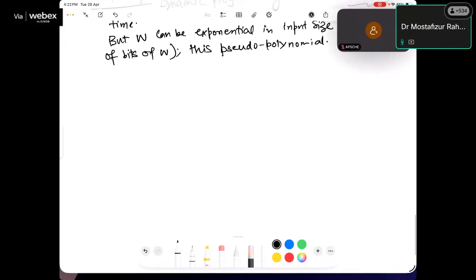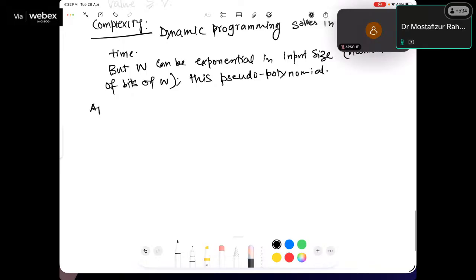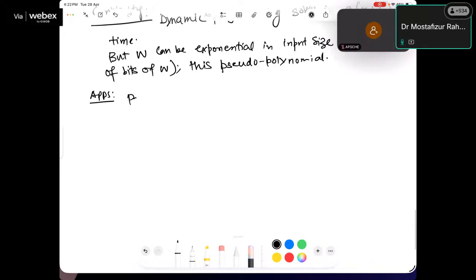So there are plenty of examples for the knapsack problem. Let me give 1, 2 examples. For example, portfolio selection. You have some 1 lakh rupees or 10 lakh rupees you want to invest in fixed deposit, in SIP, systematic investment, in some trade, in many ways, right?